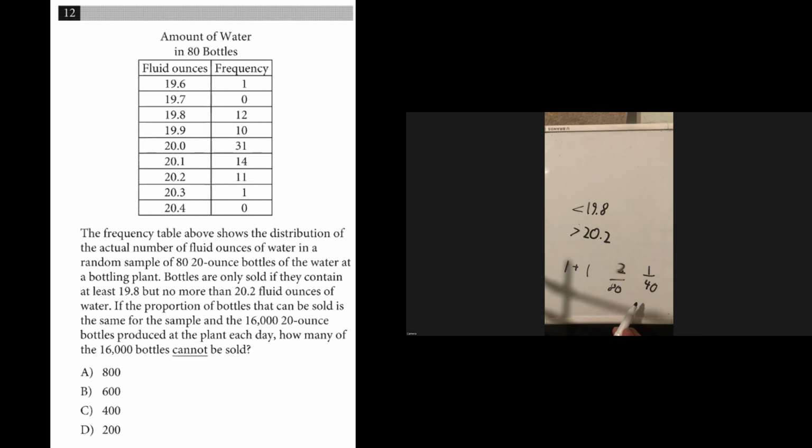And then we just take this 1 out of 40 and multiply it by the total number of bottles that they make, which is 16,000. So 16,000 times 1 over 40. And once we plug that into our calculator, we get 400, which is answer choice C.